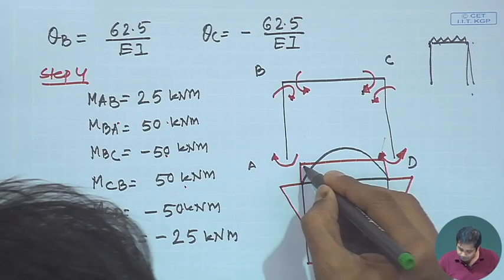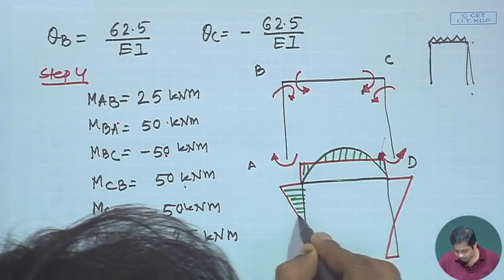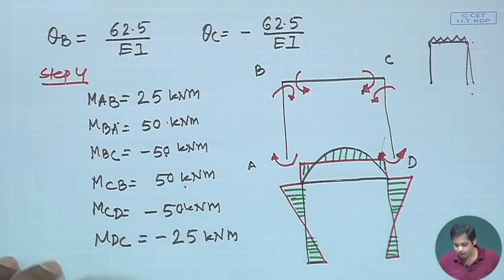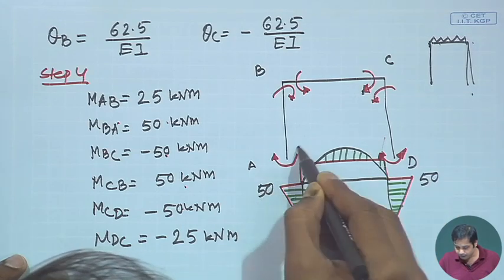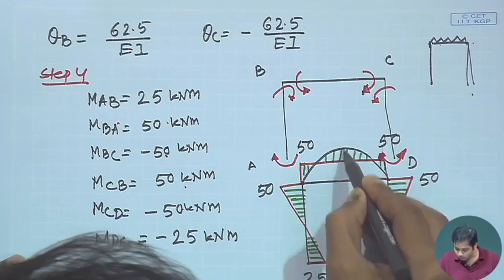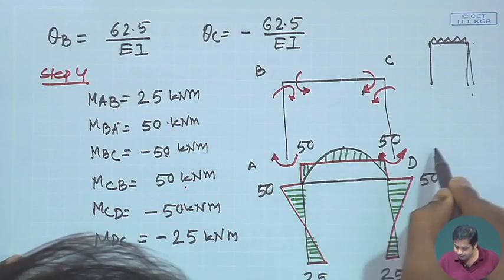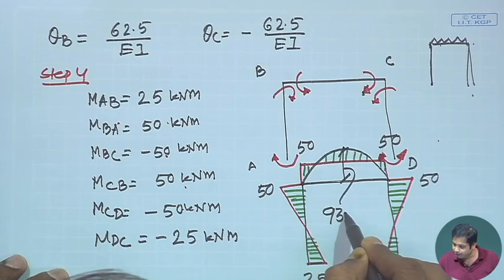Now, what are the bending moments for this? This is the bending moment diagram, and the values are, this is 25, this is 25, and then this is 50, this is 50, this is also 50, this is also 50, and this total becomes 93.75.